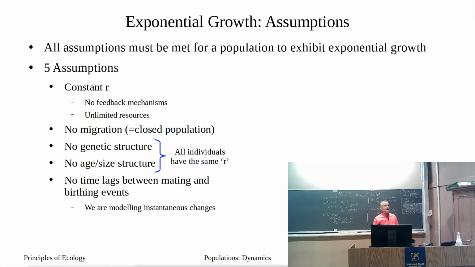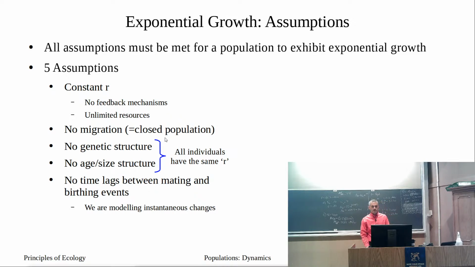Individuals that have plenty of nutrients and plenty of space usually have a higher reproductive potential than populations that don't. So we can't have any limiting resources present, or any feedback mechanisms at work that would alter this intrinsic rate of growth. This is a big one. If we don't have a constant R, then we're not going to see exponential growth.